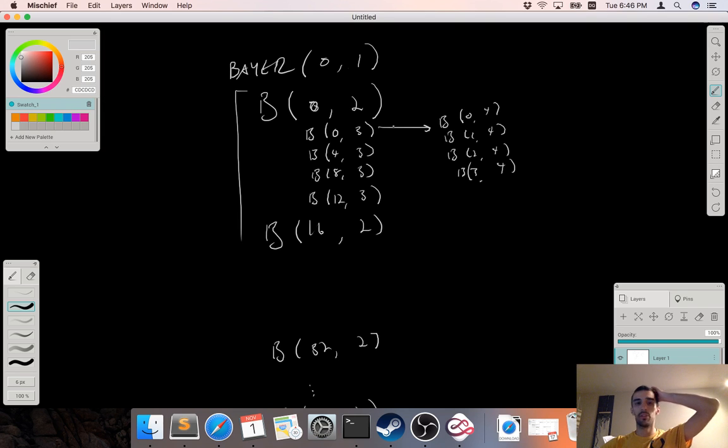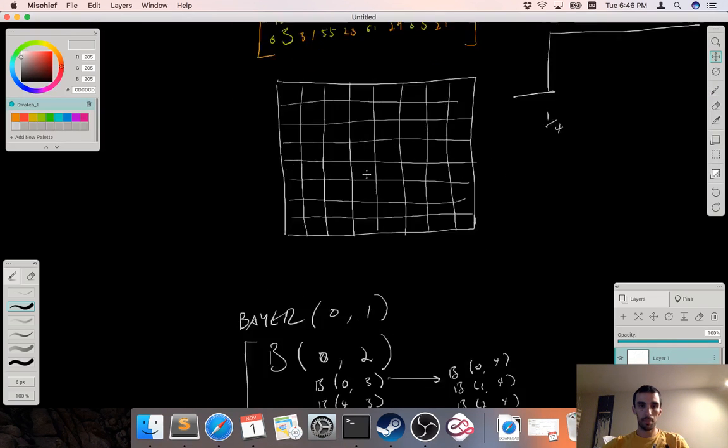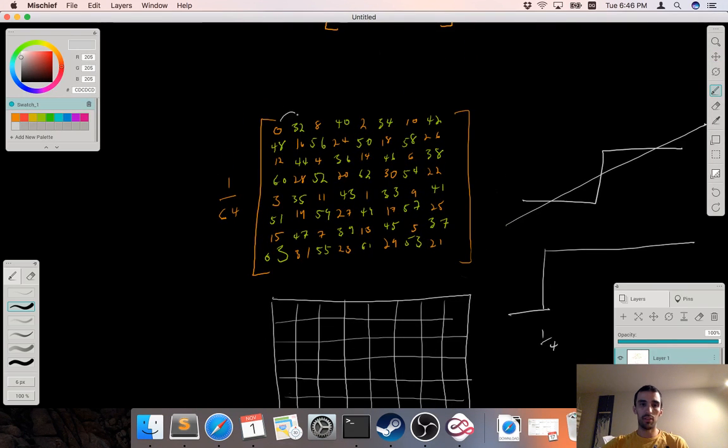Its increment is 1. I should get consistent with my terms here. I'm going to call the amount of separation between placing numbers the stride. Stride, meaning I'm placing numbers adjacent in the matrix, so my stride is 1. Whereas if I place numbers separated by 4 slots in the matrix, then my stride is 4.